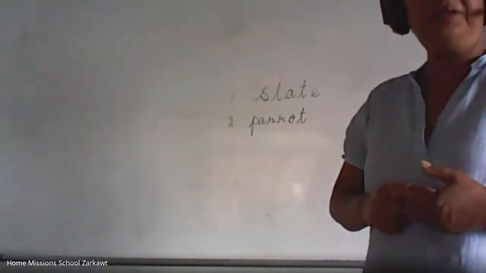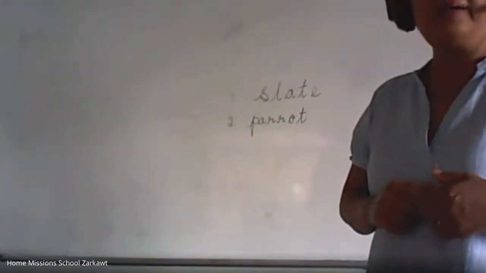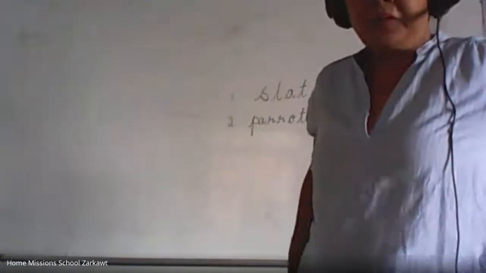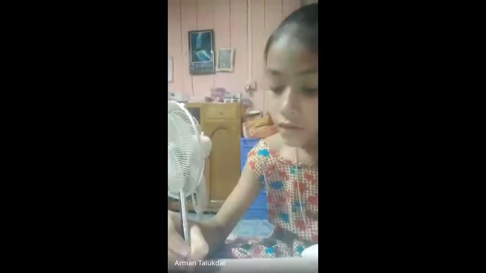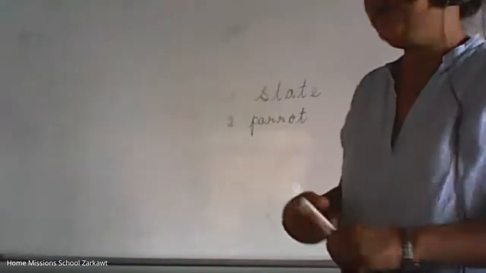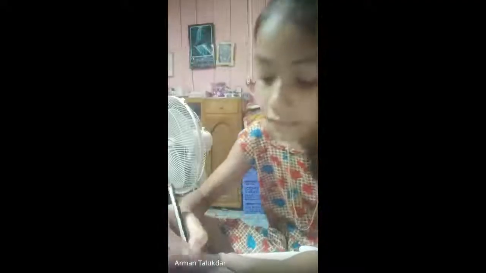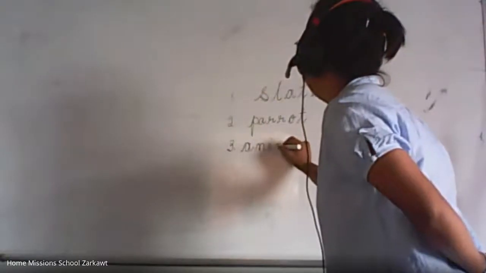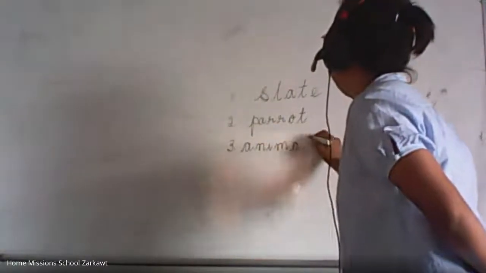I want you to write very nicely with your beautiful handwriting. Then, who will tell me number 3? Animal. Very, very good. Students, clever students. A-N-I-M-A-L, animal.